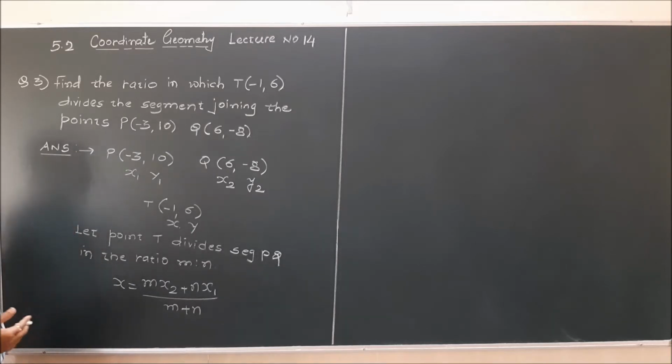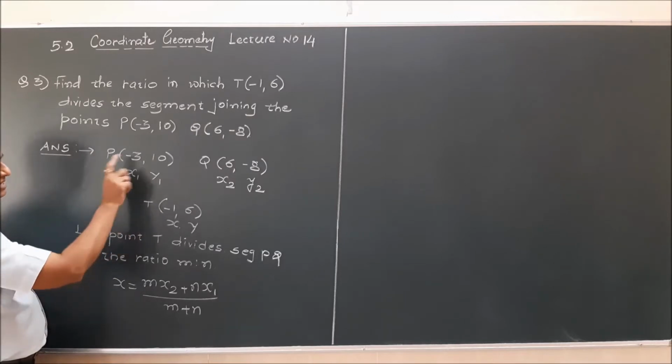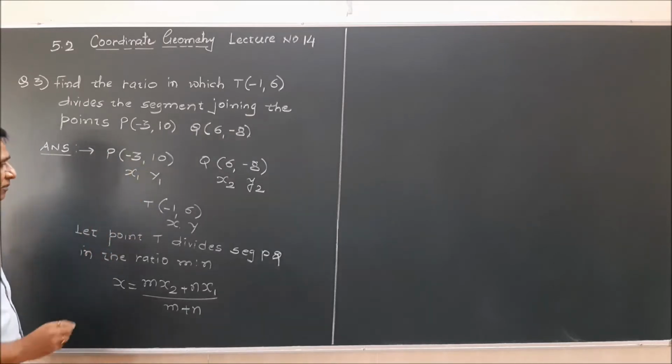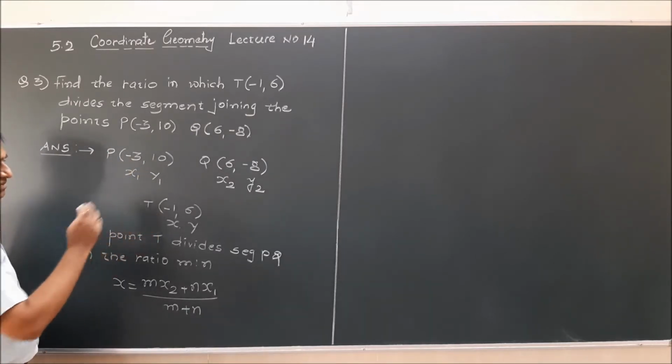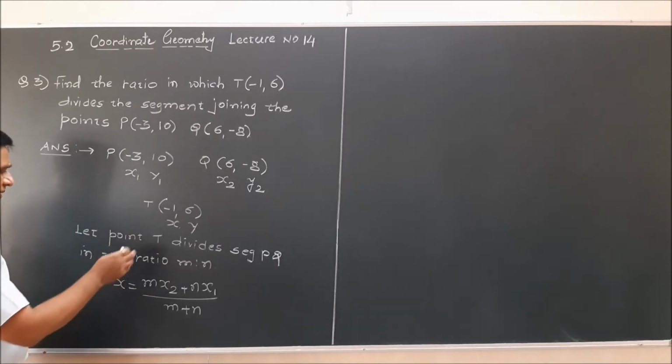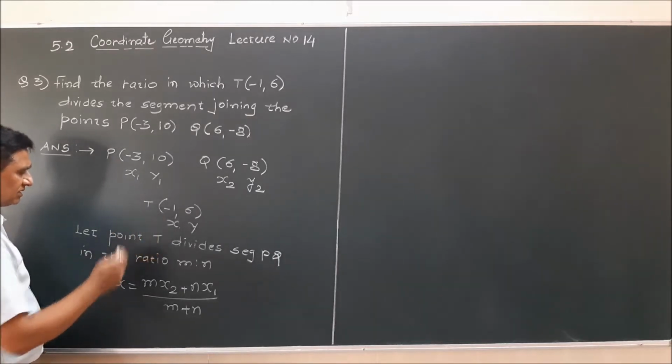In this sum, they have given us the coordinates of the point which divides the segment PQ. That means they have given the value of x as well as the value of y. So I substitute here the value of x as -1.